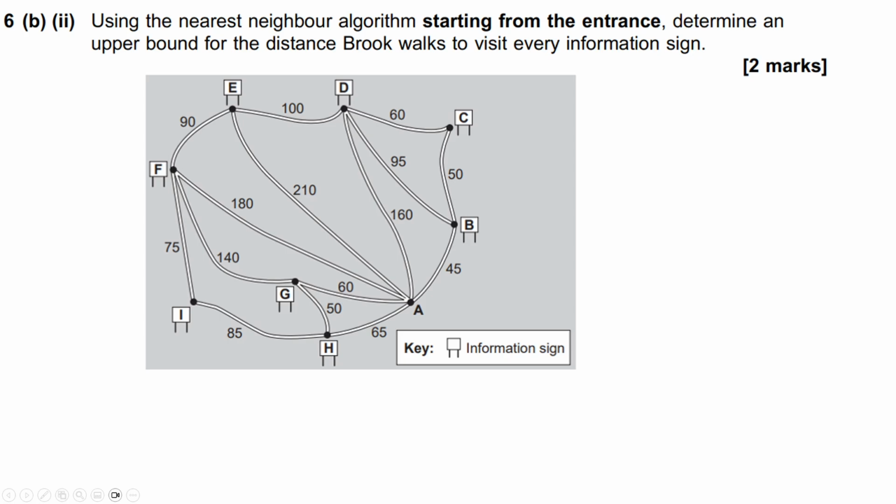Now, the nearest neighbor algorithm works by starting at your node, and then you just continuously pick the next shortest one.